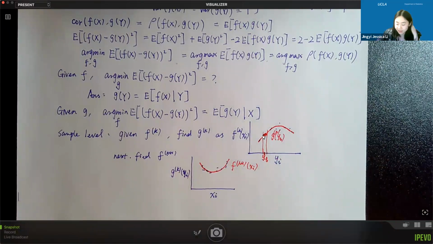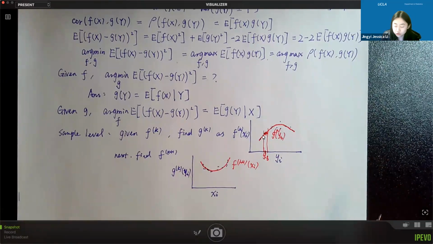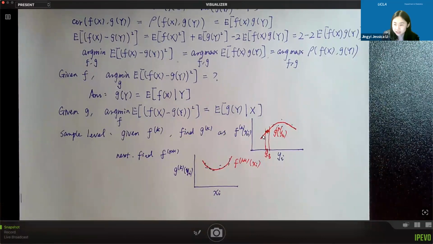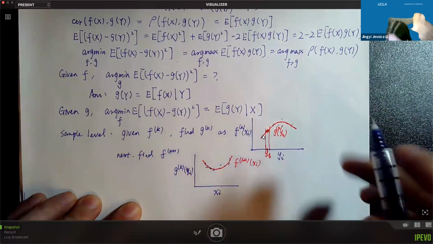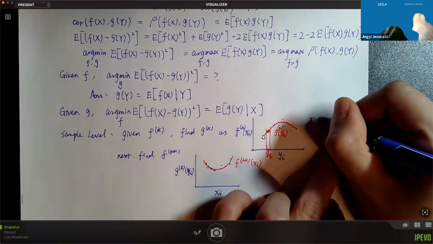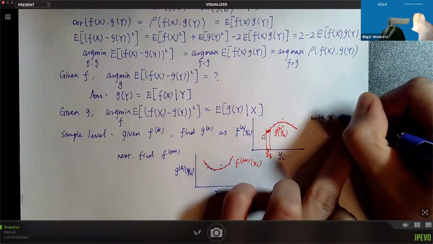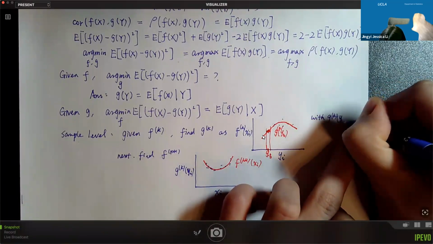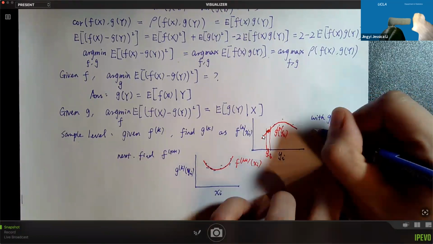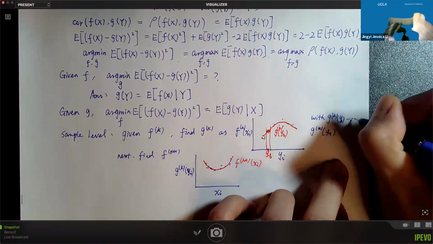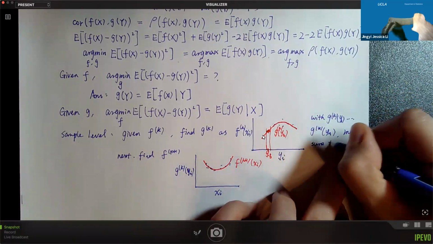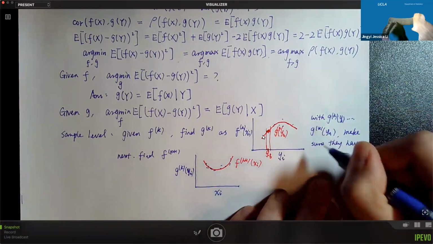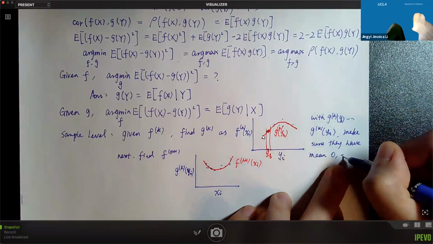But just make sure that after each update of the function, it's centered at 0 with variance 1. You need to do that for every step. For example, once you get g_k(y_1) to g_k(y_n), the endpoints, you need to make sure that they have mean 0 and standard deviation 1.